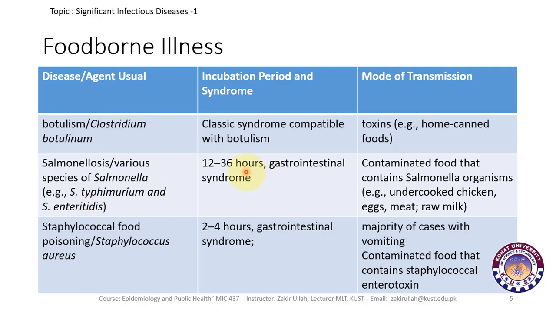The incubation period of this disease is 12 to 36 hours, and usually they have gastrointestinal symptoms: abdominal discomfort, pain, and diarrhea. It is transmitted by food contaminated by a person who already has salmonella, or for example undercooked chicken, eggs, meat, or raw milk.